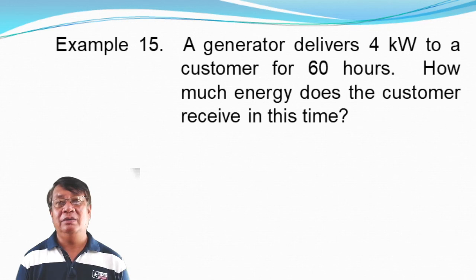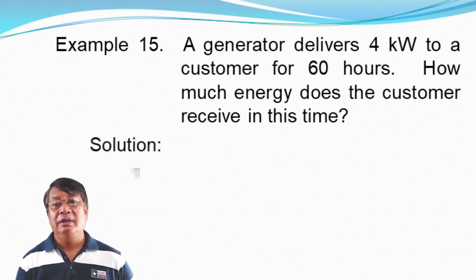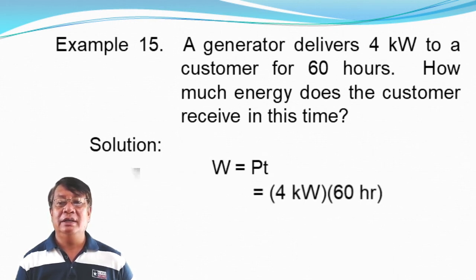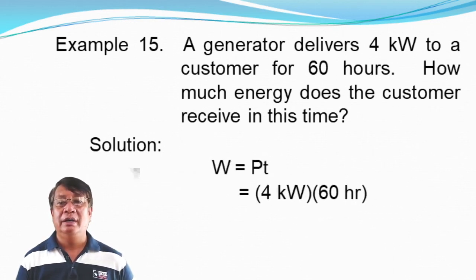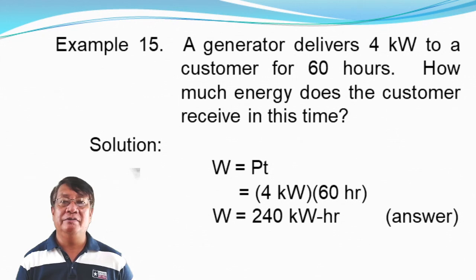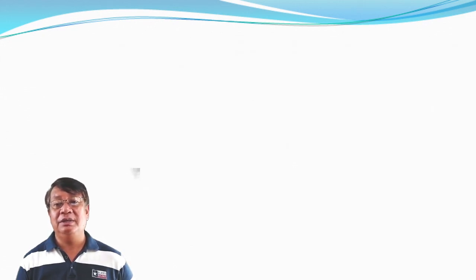We have the generator of 4 kilowatt output delivering energy to the customer for 60 hours. To determine the energy delivered, we use the formula energy equals power times time. So 4 kilowatt times 60 hours gives 240 kilowatt hour. That is how simple it is.